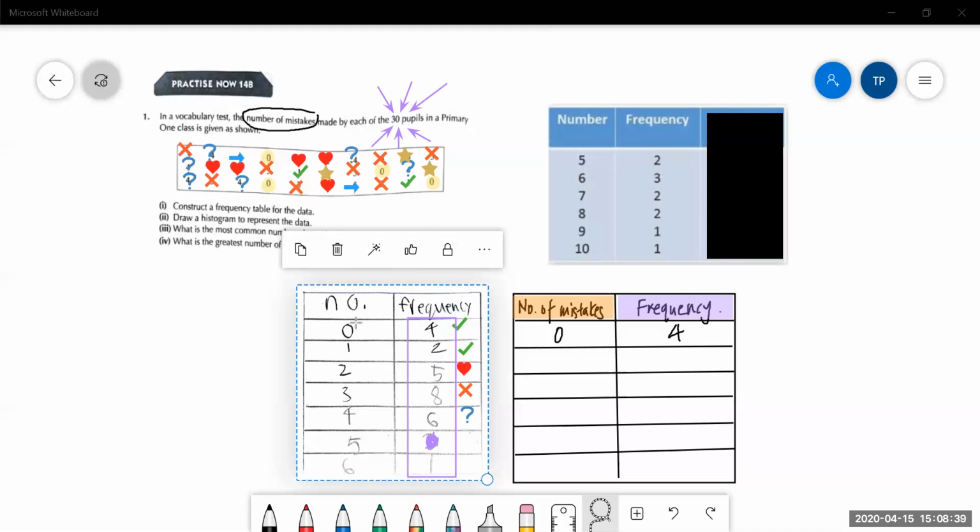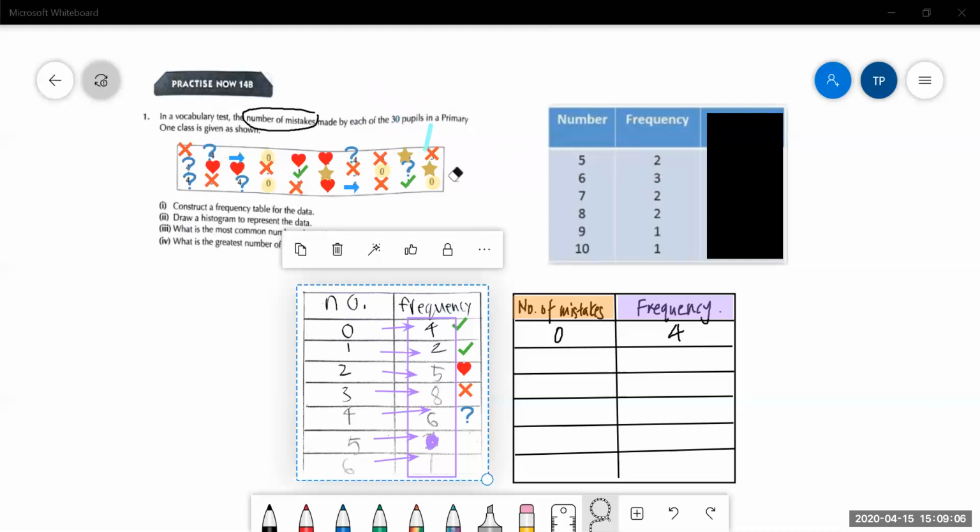If there are only 30 pupils in the class, each person will only make a specific number of mistakes. So when you add up all the frequencies over here, you should be getting 30. That's one way to check.